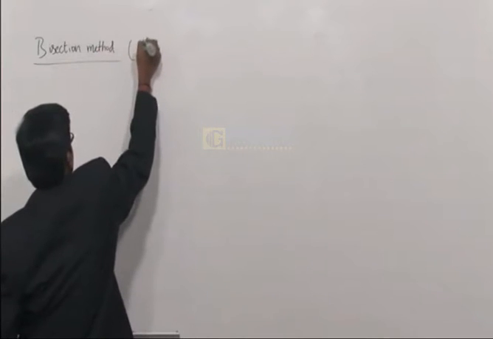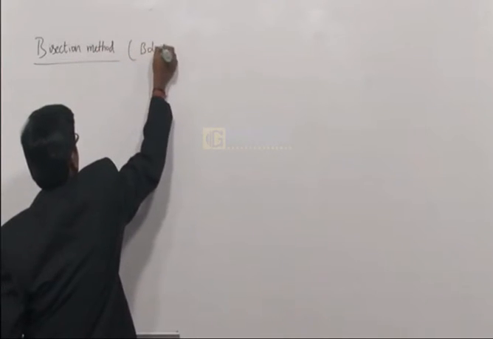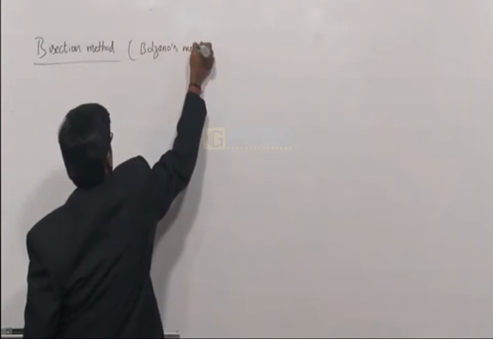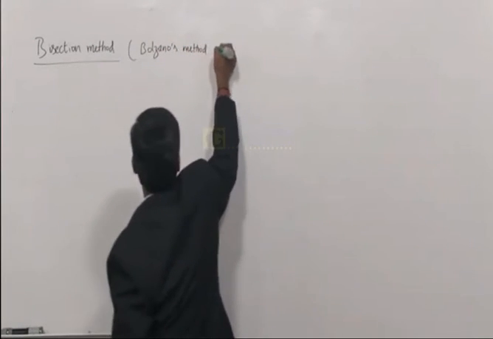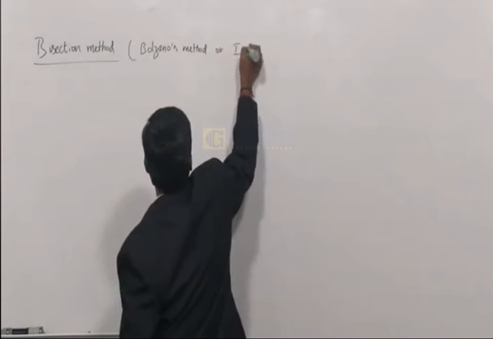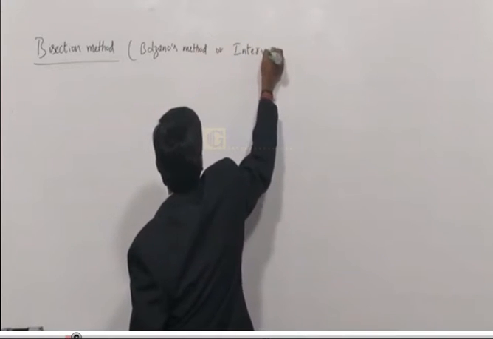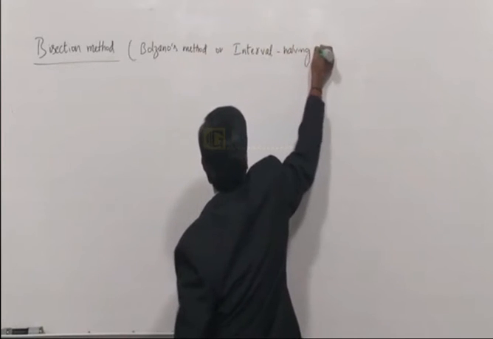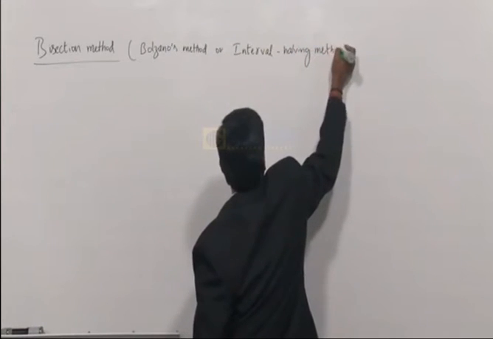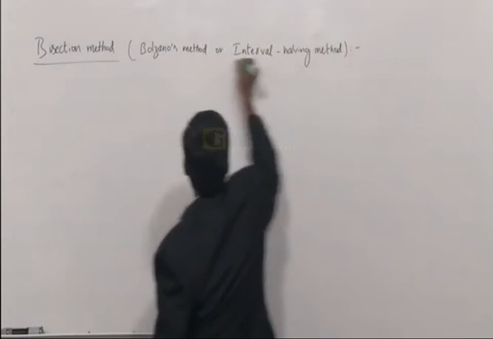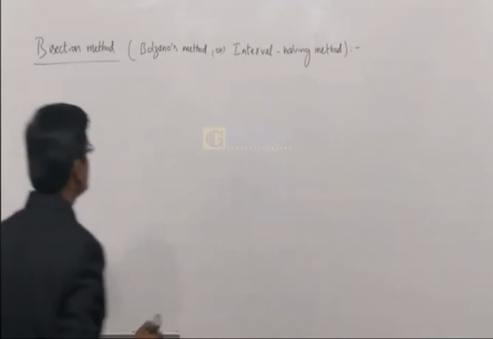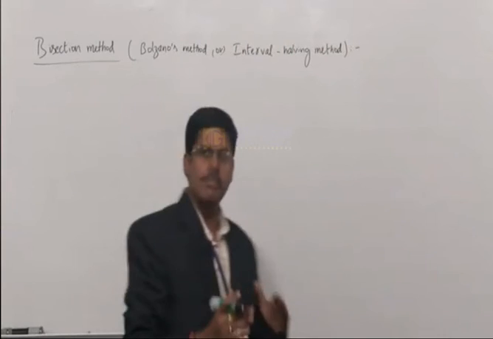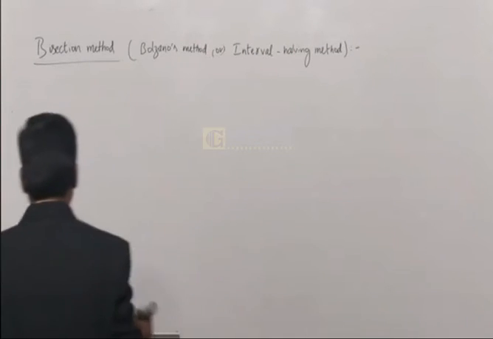This is also known as Bolzano's method, Bolzano the scientist, or interval halving method. Bisecting means the midpoint.